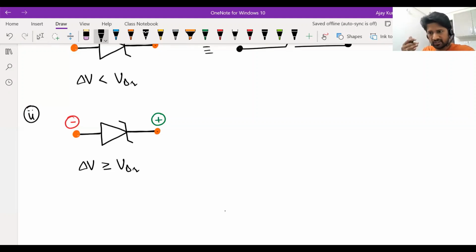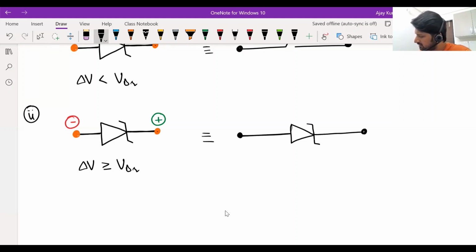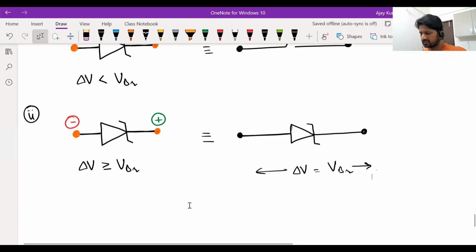So basically, when the voltage tends to become more than breakdown voltage, what the Zener diode does is it limits that voltage to breakdown voltage. It doesn't allow it to become more than that. So you will see that the potential difference is equal to VBR itself. Okay, we'll solve one problem, you'll understand. I'll explain how it can do this.